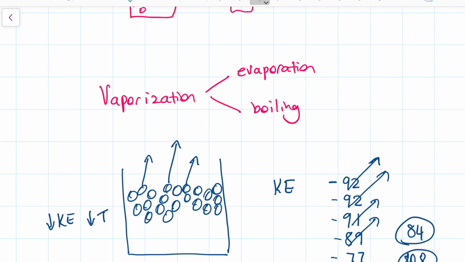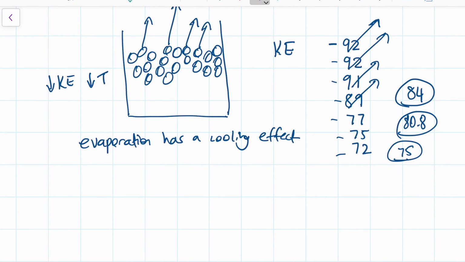You can see my average now has dropped significantly all the way down to approximately a 75. Just like over here with my molecules of water, the more high energy, kinetic energy ones that leave, the lower the average is for those left behind. So that's why evaporation has a cooling effect.